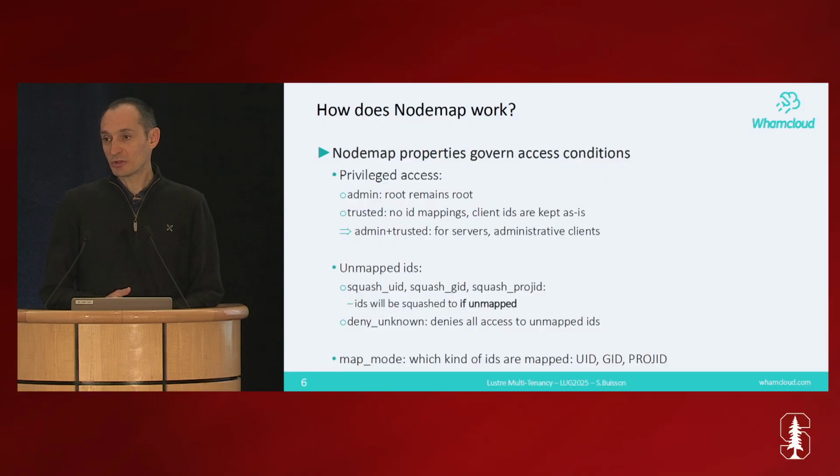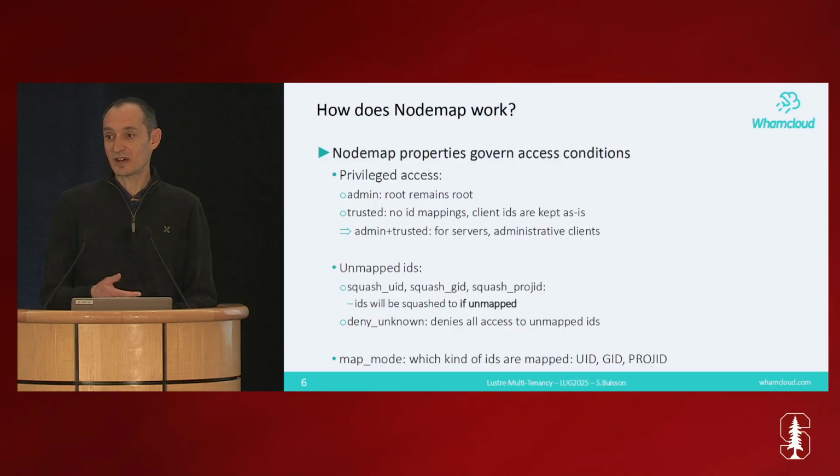Then you have two properties to decide what to do with unmapped IDs. So basically, you have two options. You can decide to squash those IDs, and you have properties to decide to which ID this is going to be squashed. Or you can simply decide to deny access to these unknown IDs. And so in this case, you use deny_unknown, and you set it to 1.